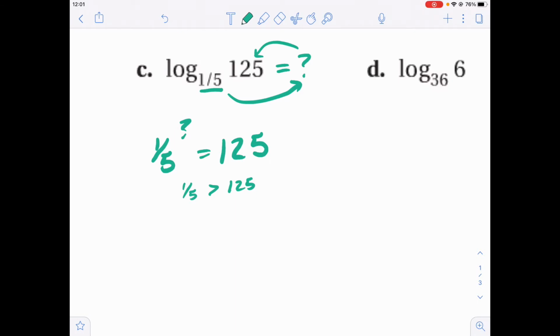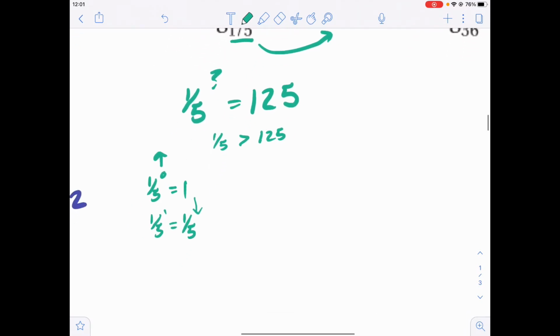So that indicates we got to make this fraction. If we do 1/5 to the 0, that's going to give us 1, right? If we do 1/5 to the first power, that's 1/5. This is going down. So we want to go this way again because we need to get big. So this is going to be another negative. And if you think about that, 1/5 to the negative something, that negative is going to flip it, 5 to the something, right?